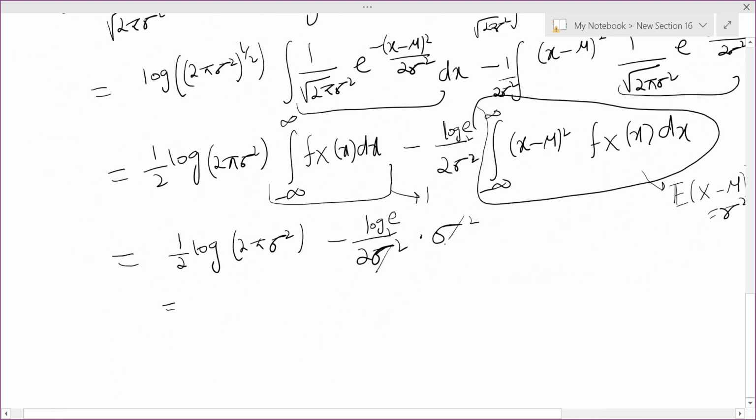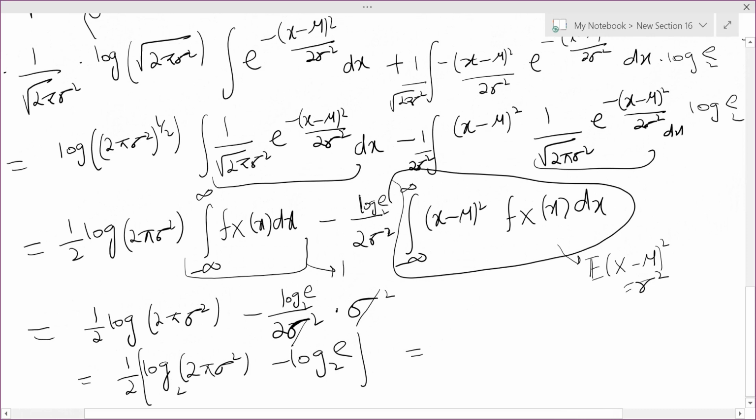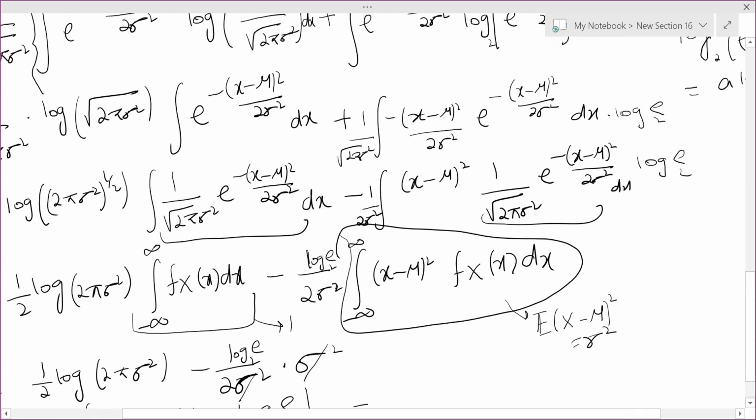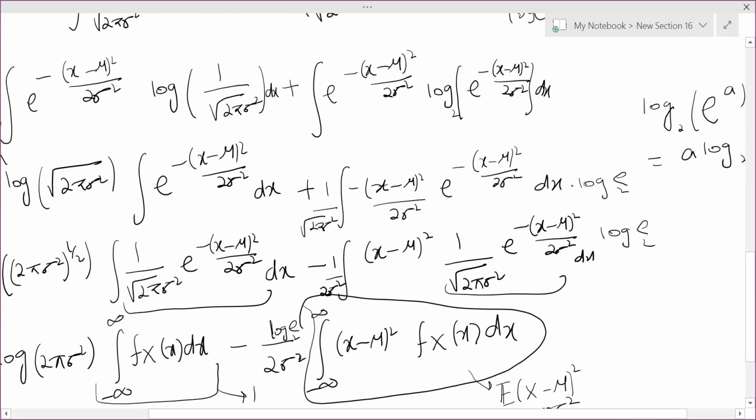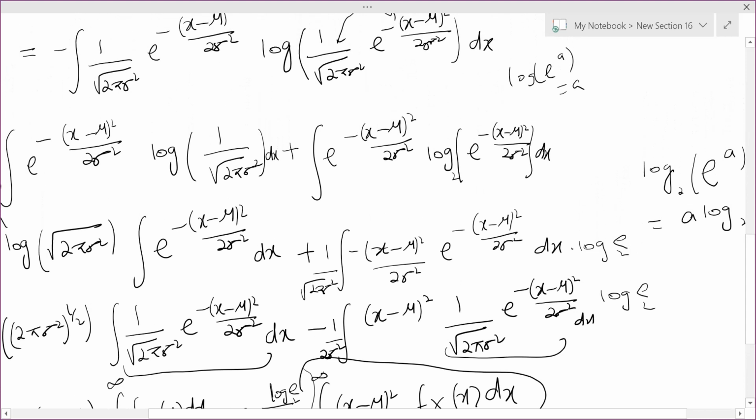So now sigma square gets cancelled out. So it is half log 2 pi sigma square minus log e, both to the base 2. So somewhere, oh, we have made some mistake. Let me be very careful.